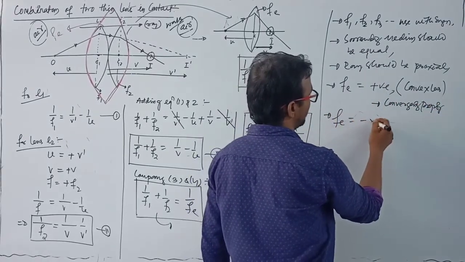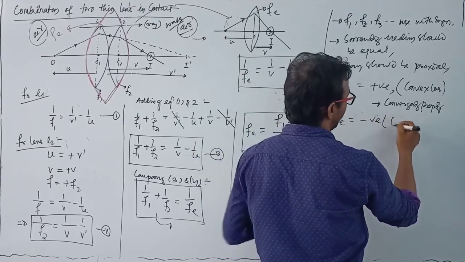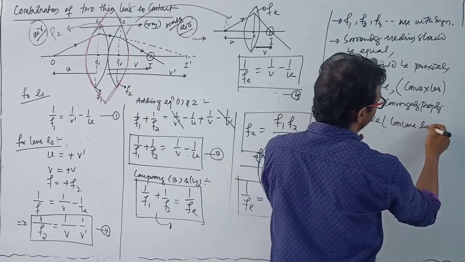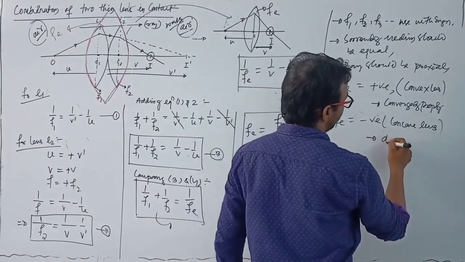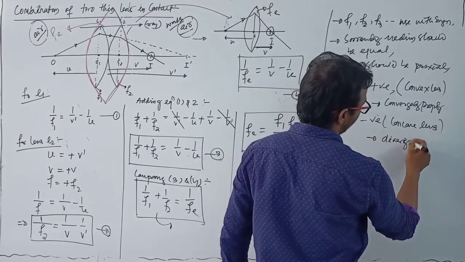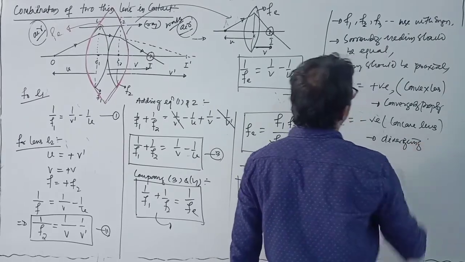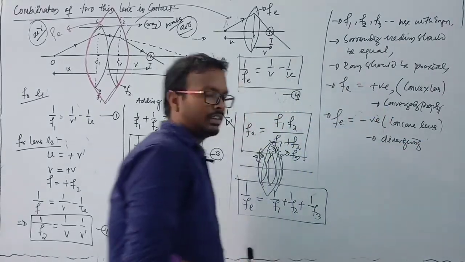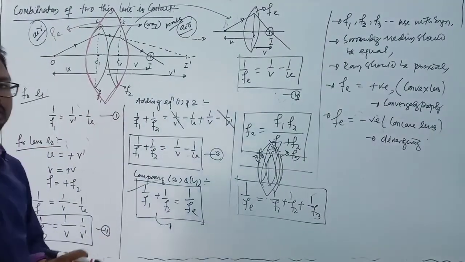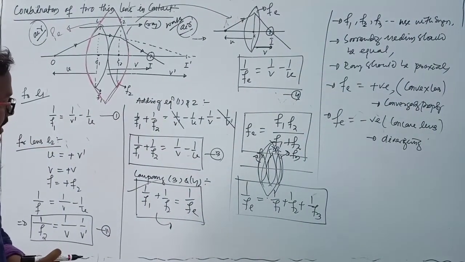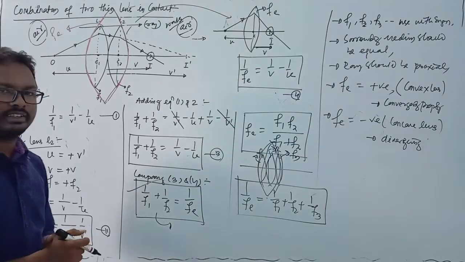Next, if Fe is negative, then it behaves as a concave lens and its property is diverging. Clear? So you have to remember all these points while using the combination or equivalent focal length of the combination.